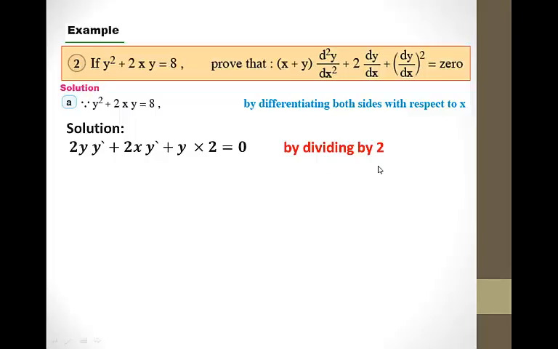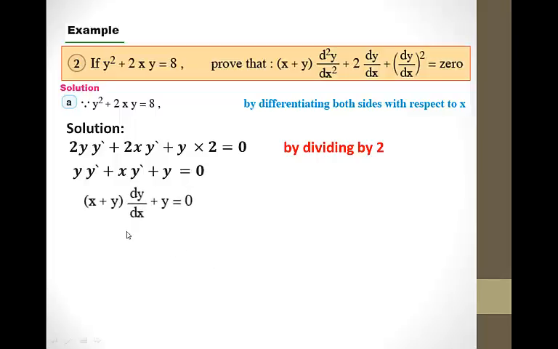By dividing by 2 to simplify it, what we get: y y dash plus x y dash plus y equals 0. We divide by 2, as 0 divided by 2 equals 0.